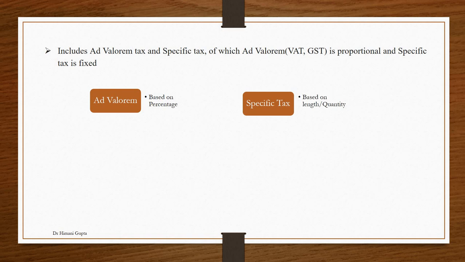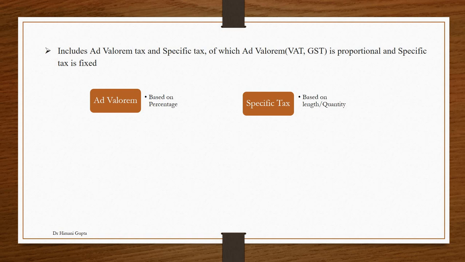But whenever the tax is based on either length or quantity, it will be considered as specific tax. Now over here, if we talk about cigarettes, whenever you see the tax amount on cigarettes, it's always charged on the length of the stick, irrespective of the value of the product. Over here, the tax is fixed.